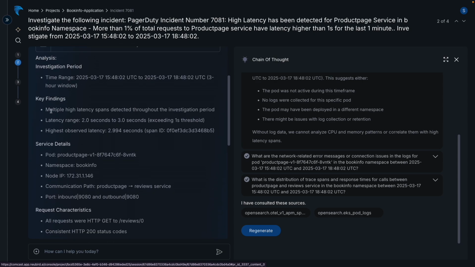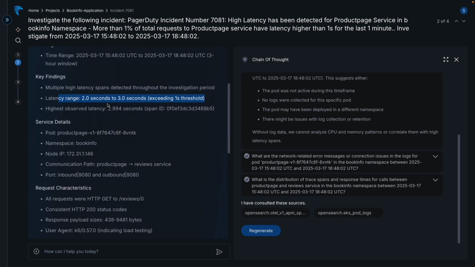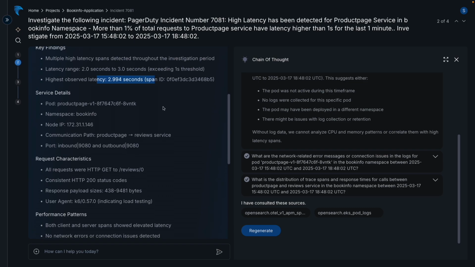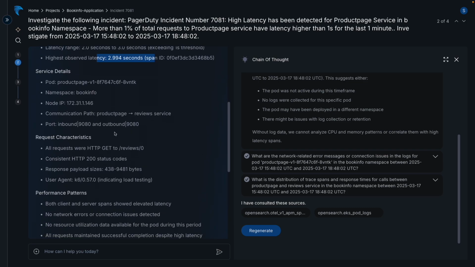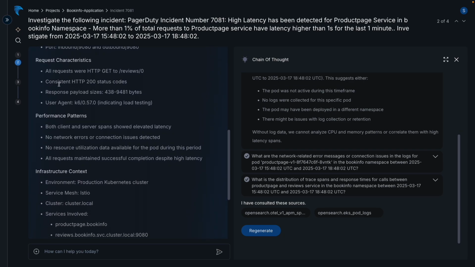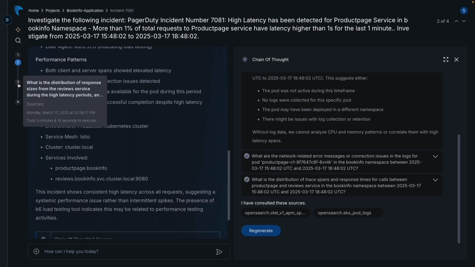The key findings being that there are multiple high latency spans detected, that the latency range is between 2 and 3 seconds, exceeding our threshold, and the highest latency is 2.9 seconds, right? And it provides some service details here on what it found, the request characteristics, performance patterns, infrastructure context, etc.